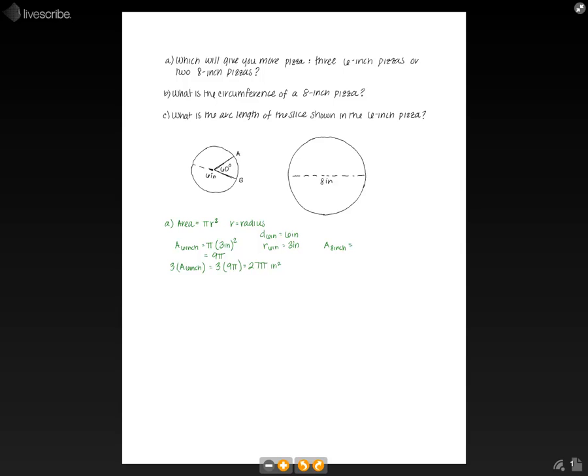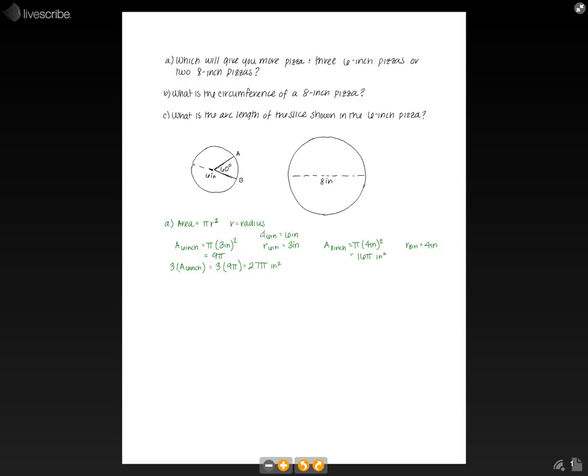Alright, so we know that the radius of an 8-inch pizza is going to be, what, 4 inches, right? Because it's half of 8. So that means the area is going to be pi times 4 inches squared. That simplifies to 16 pi inches squared.